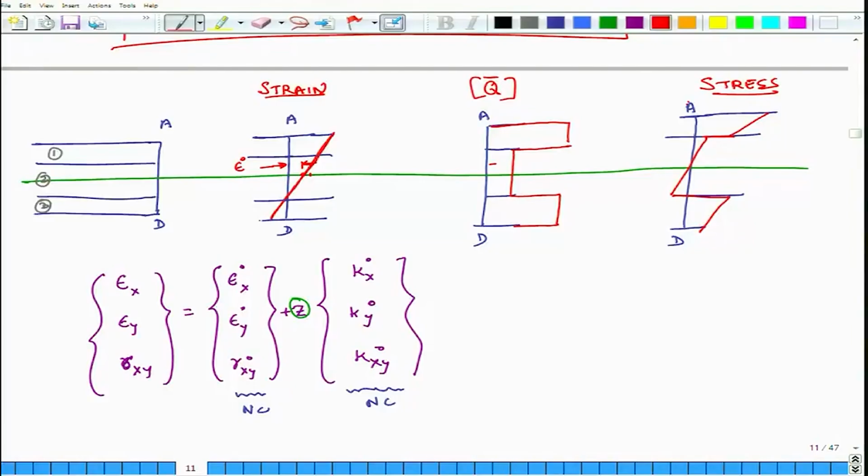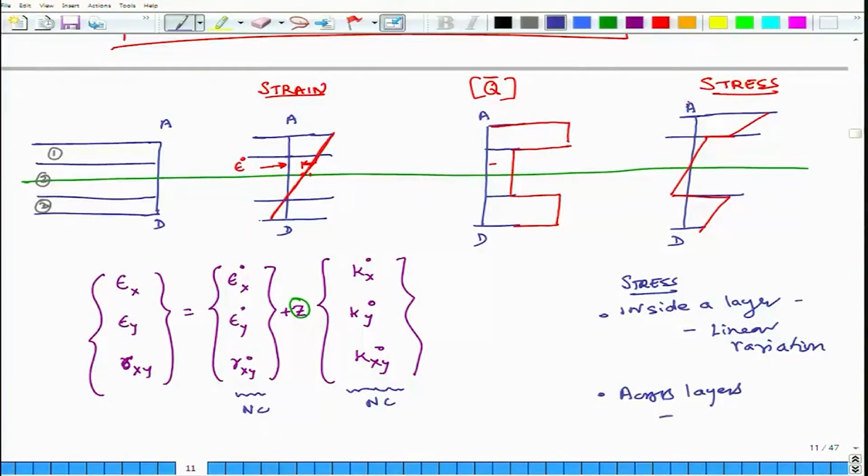So, stress inside a layer is linear, and across layers it is discontinuous. Across layers it is discontinuous, within a layer it is changing linearly.